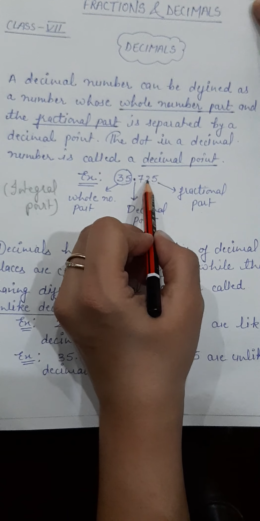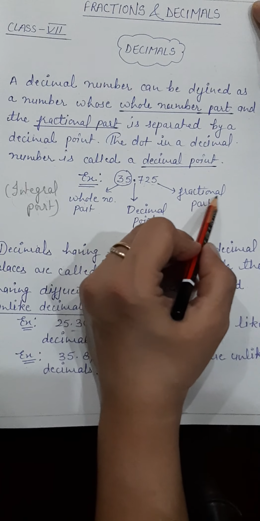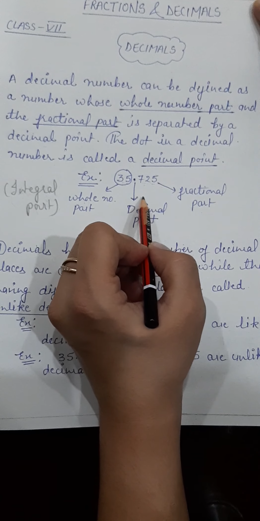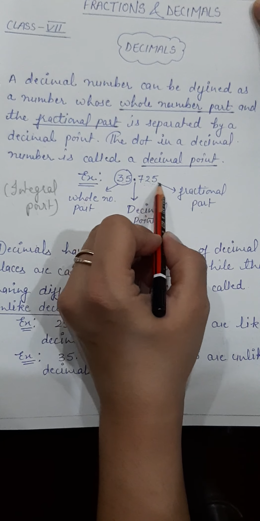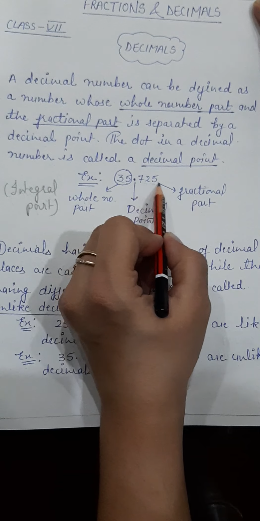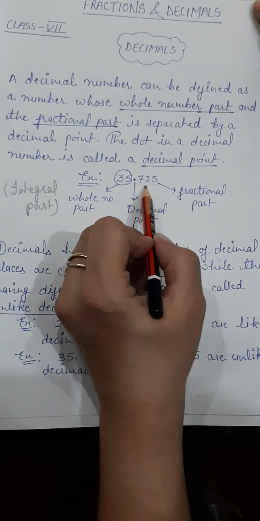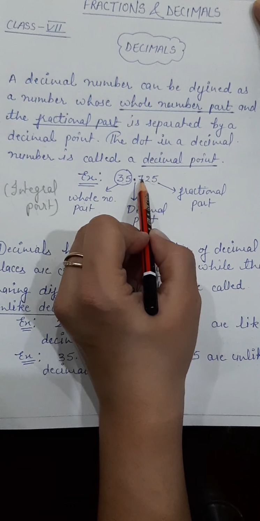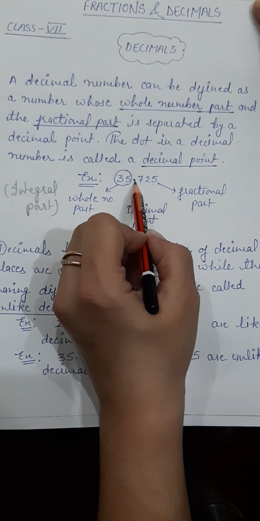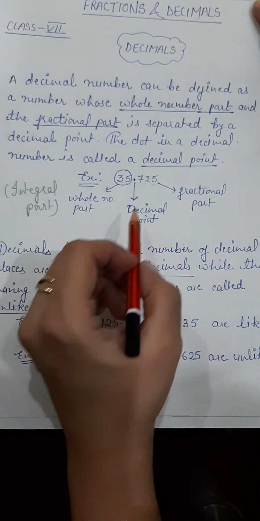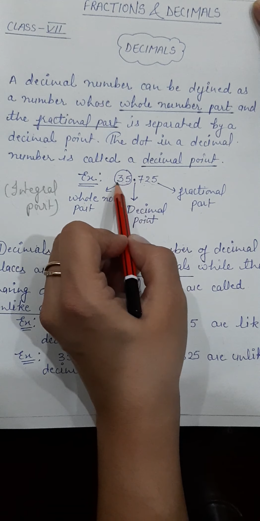After the decimal, this 725 is called the fractional part. The digits following the decimal point show a value smaller than 1, meaning this 725 value is smaller than 1 because it follows the decimal point.